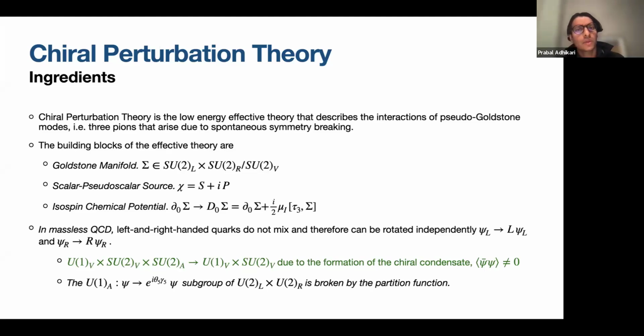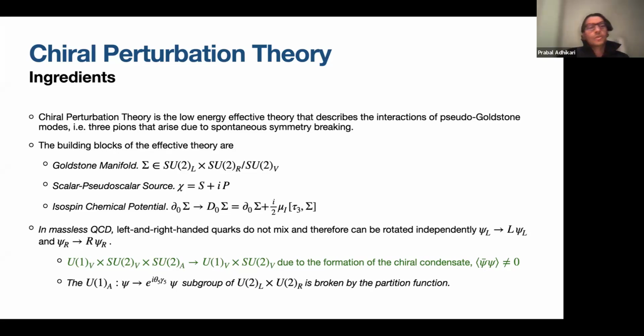And so here's a review of Chiral perturbation theory. It's a low energy effective theory that describes the interactions of pseudo Goldstone modes. These are 3 pions if you're looking at the 2 flavor case. Of course, if you're looking at 3 flavors, there's a meson octet that involves the pions, the 4 kaons, and the eta.